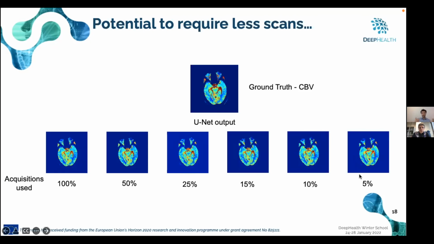This study is still at a qualitative point, but as you see, the output generated by the neural network from just a small fraction of the acquisition is qualitatively very similar to the output which it would have with 100% of the possible time acquisitions. So this is the next step we want to move through in the near future.